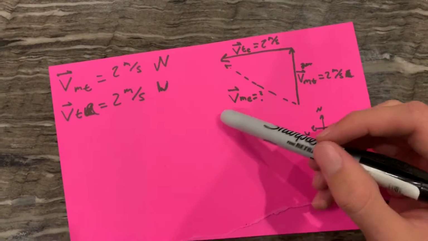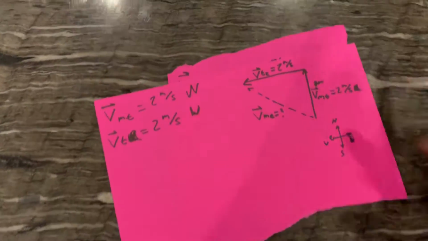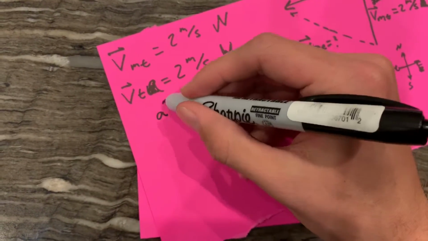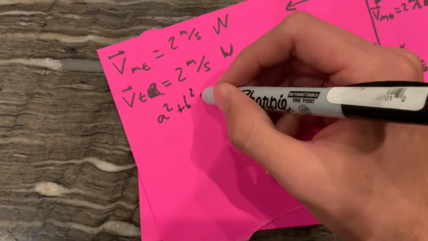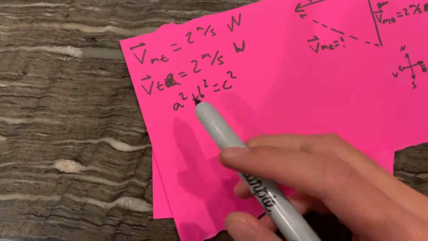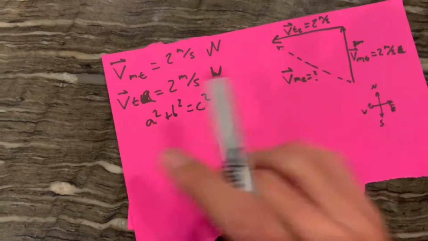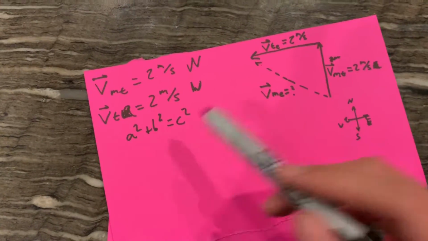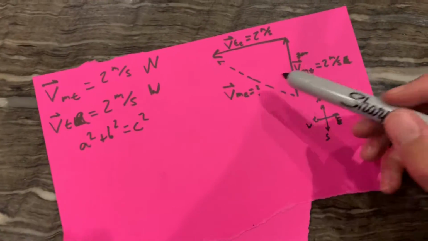In order to figure this out, we need to use the Pythagorean theorem. Everyone should know the Pythagorean theorem: a squared plus b squared equals c squared. It's the two side lengths, both squared, added to each other, equal to the hypotenuse squared. This is our hypotenuse squared.